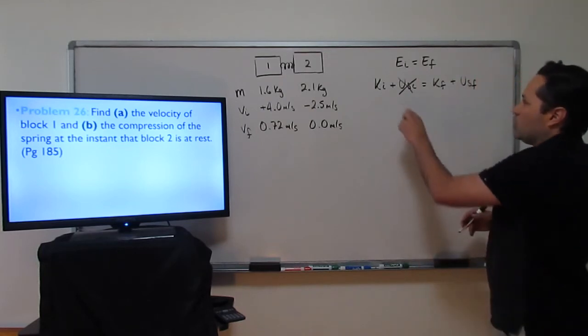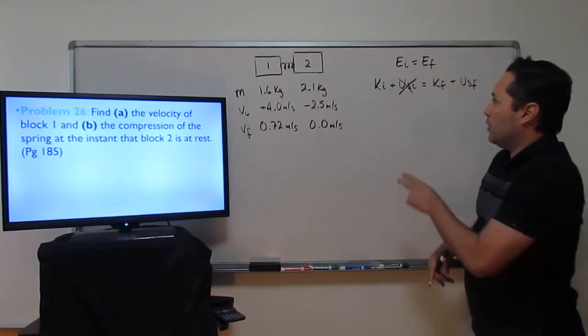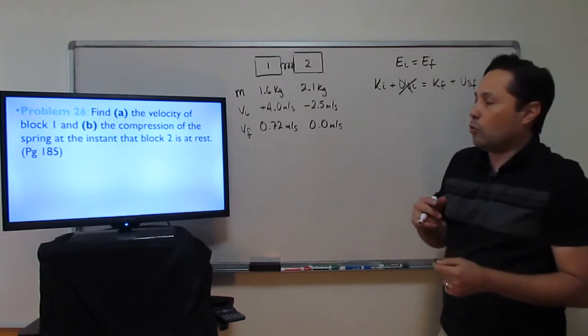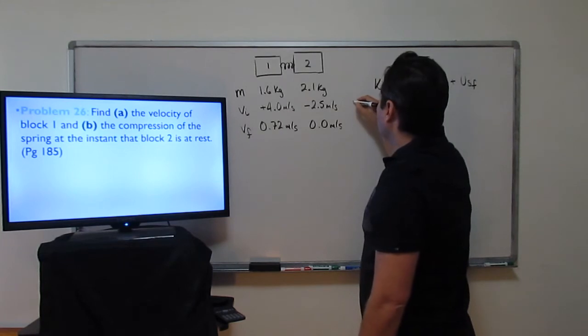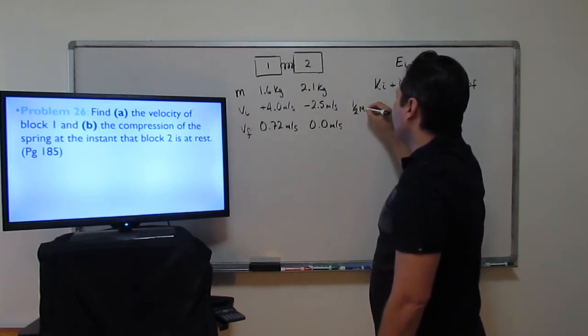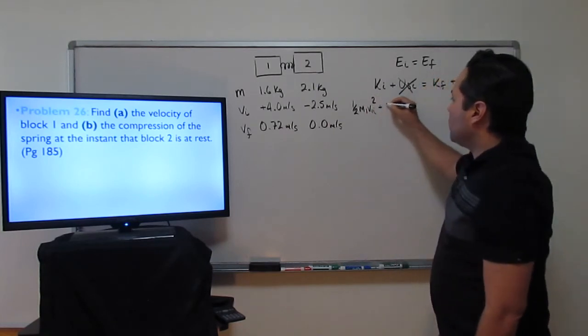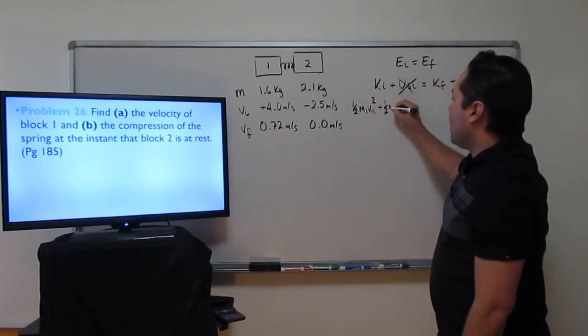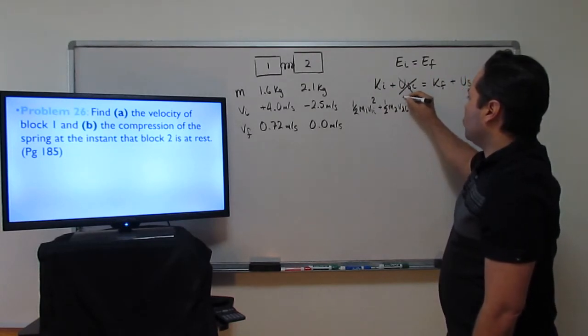Alright, from here let's start putting in the formulas for kinetic energy. Now there's two objects initially, so it's going to look like this: 1/2 m1 v1 initial squared plus 1/2 m2 v2 initial squared.